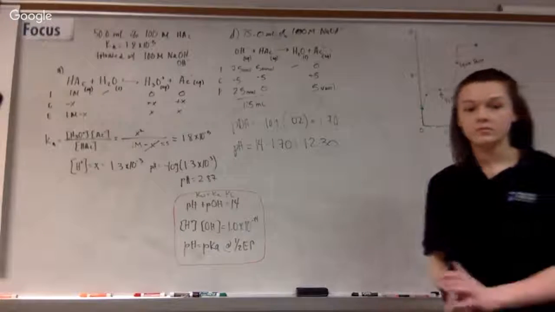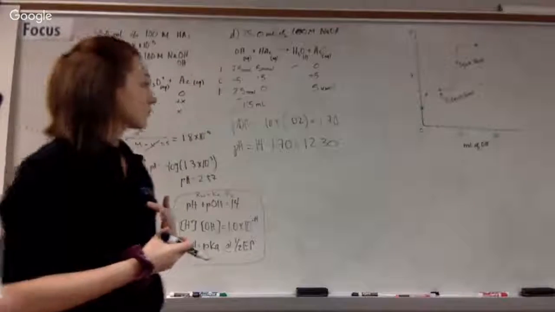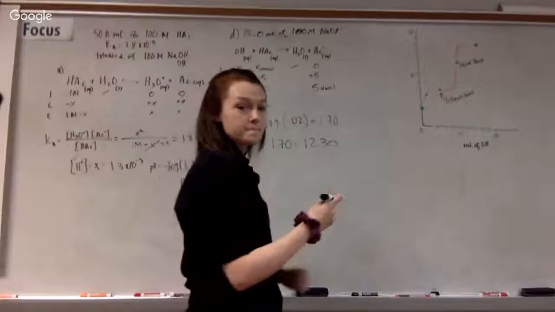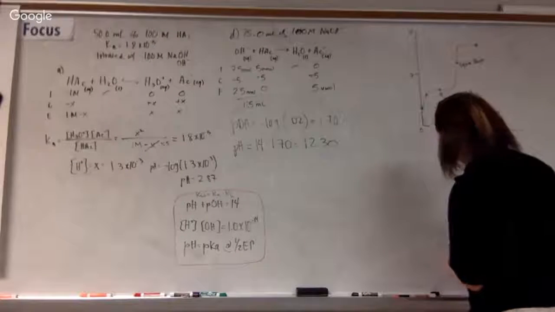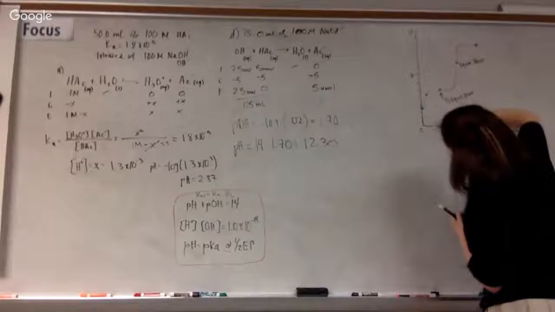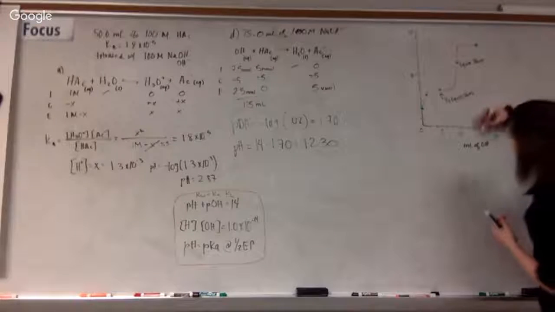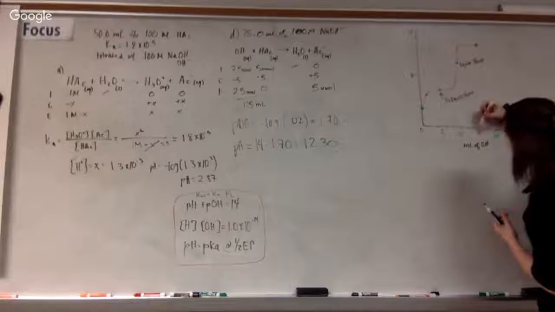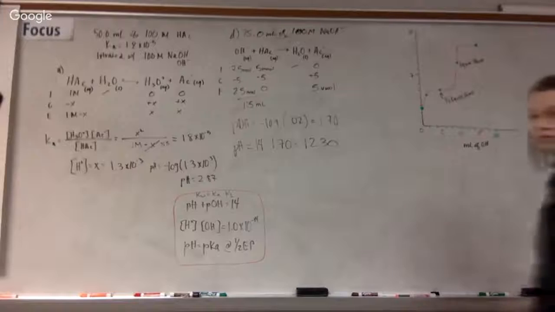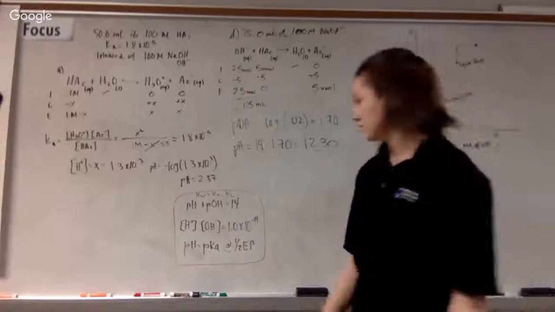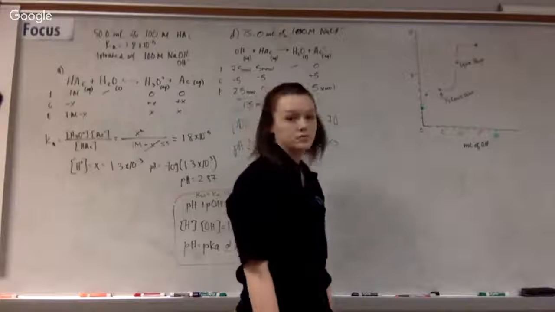I want you to notice two things here. Put a dash down below and write 25 milliliters, in a different color, to show where the actual half equivalence point is. Isn't it 25 milliliters? Yeah. And the equivalence point is exactly at 50 milliliters, right? Would you agree, all of you, that the equivalence point is exactly double the amount added at the half equivalence point?